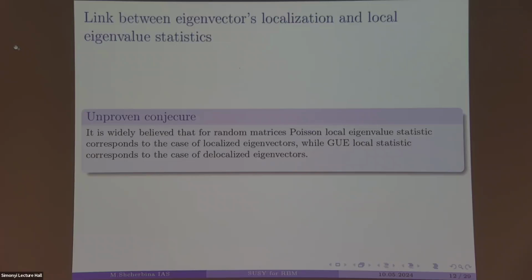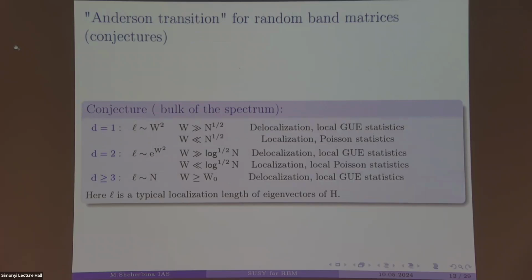Nobody can prove it, but everybody believes it is true, that if we have GUE statistics you have delocalization, and if you have Poisson statistics you have localization.